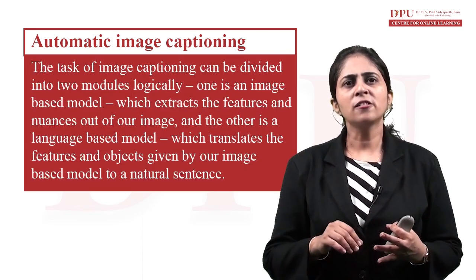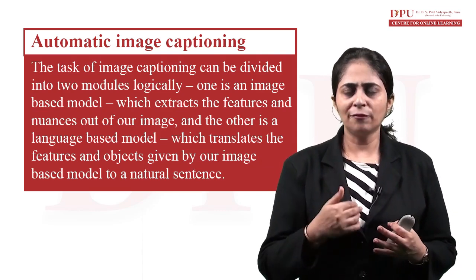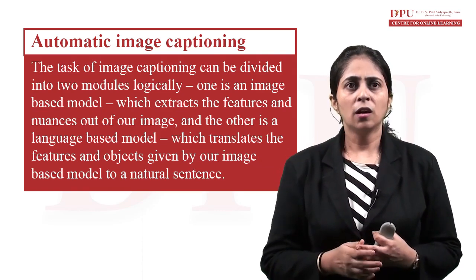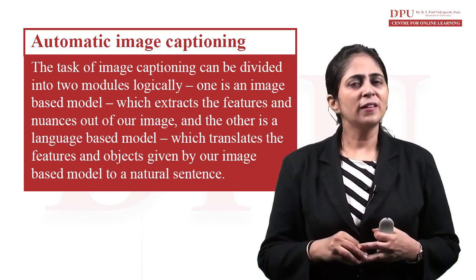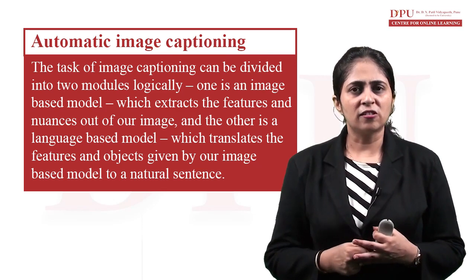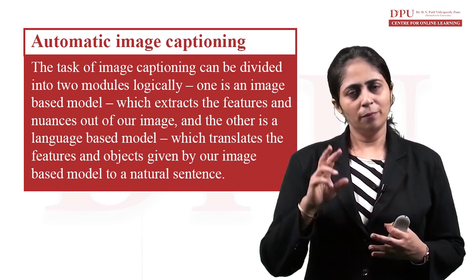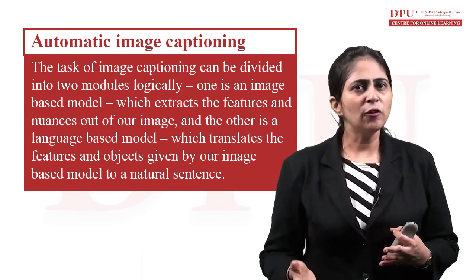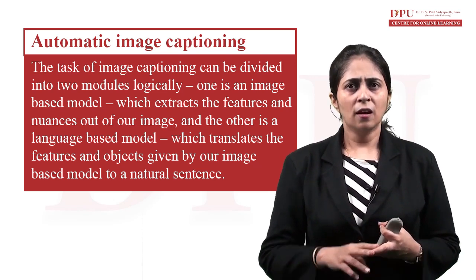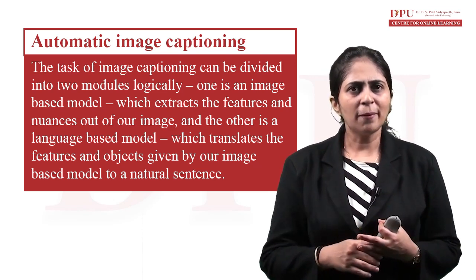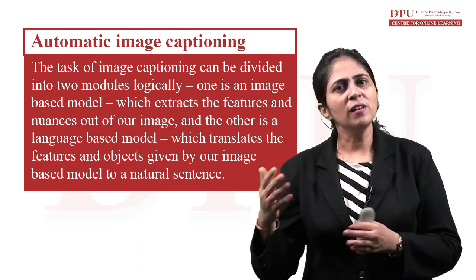Basically, the task of image captioning can be divided into two modules if we talk logically. One is an image-based model. What does it do? It extracts the features and nuances out of an image, and the other is a language-based model which translates the features of the objects which are given by the image-based model to a natural sentence.